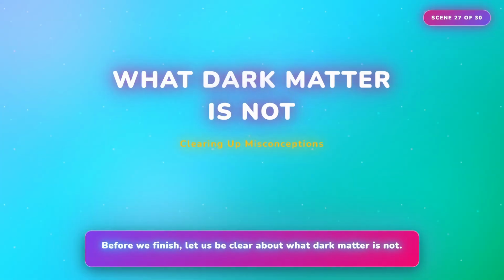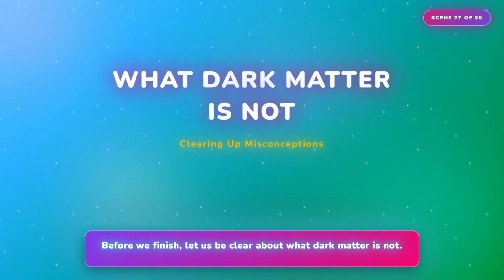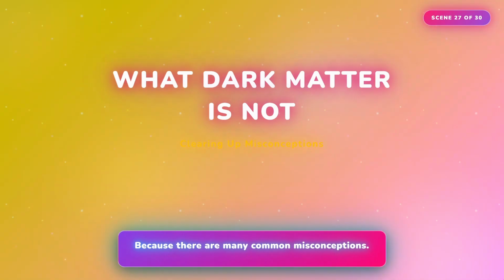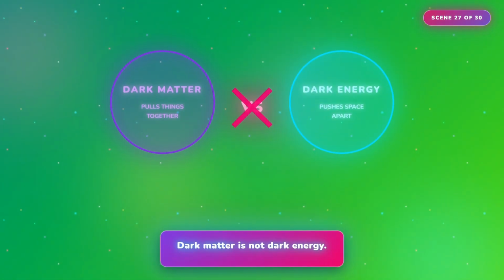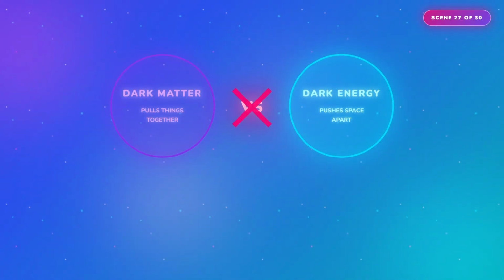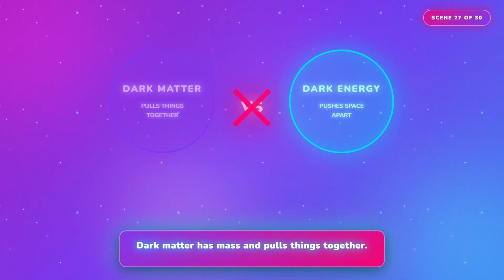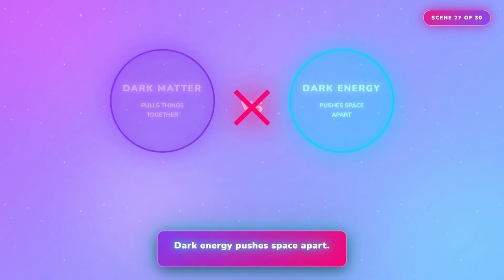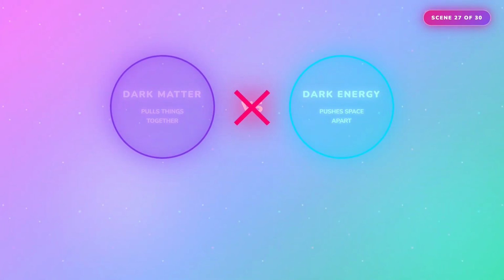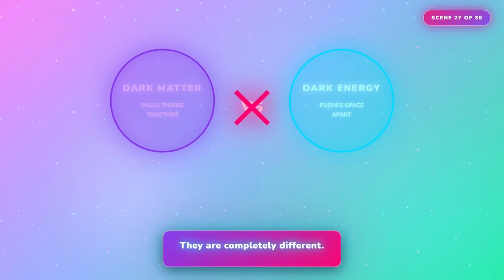Before we finish, let us be clear about what dark matter is not. Because there are many common misconceptions. Dark matter is not dark energy. Dark matter has mass and pulls things together. Dark energy pushes space apart. They are completely different.